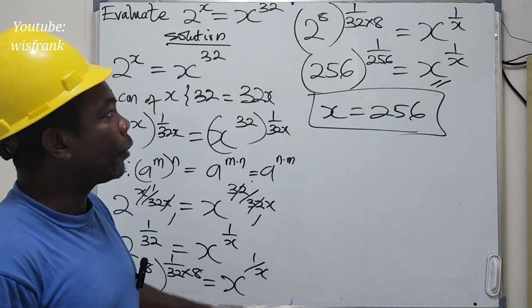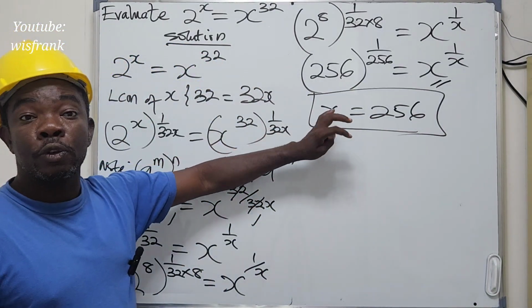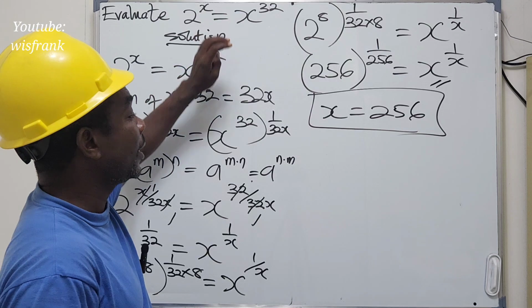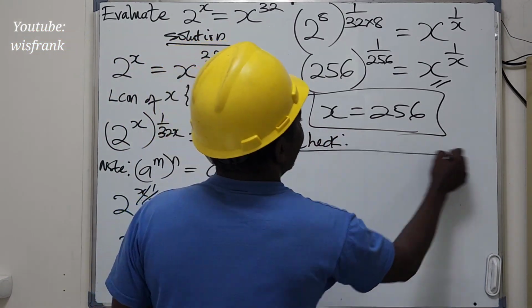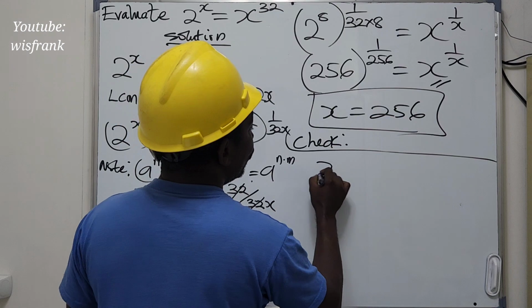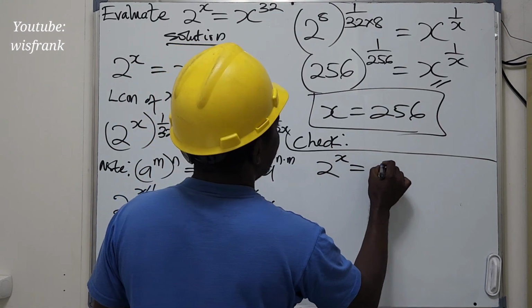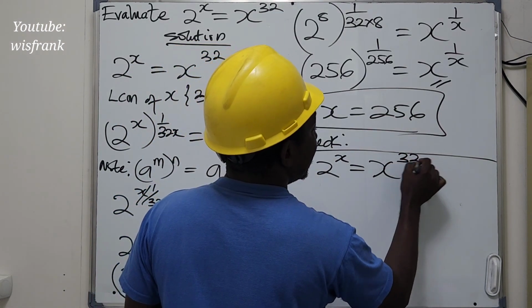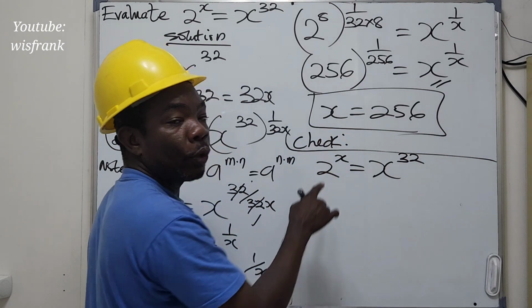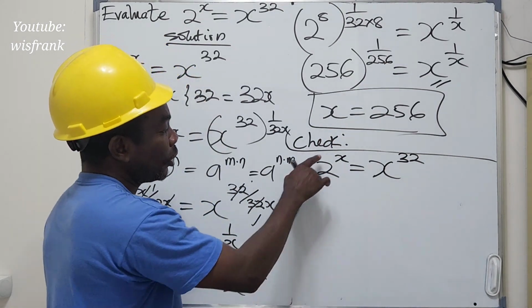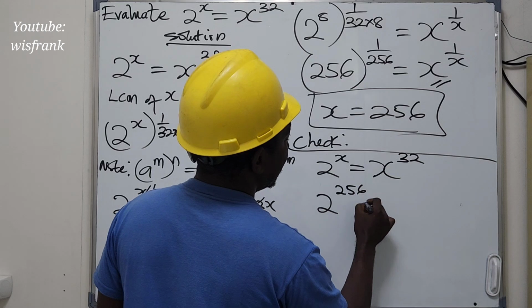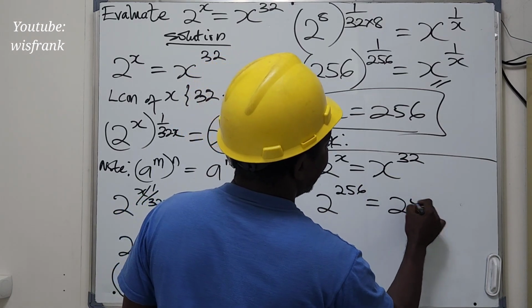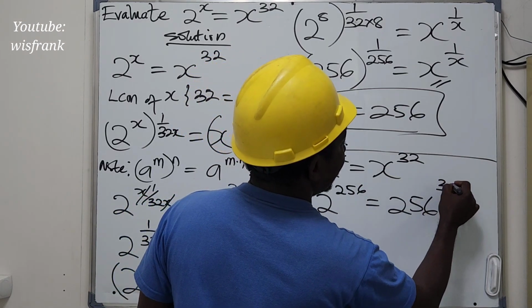We will do a little check for us to see whether x equals 256 will satisfy this equation. So we have here check. When we have this, we have that 2 to the power of x equals x to the power of 32. Our value of x equals 256. So substituting that, we have 2 to the power of 256, the same thing as 256 to the power of 32.